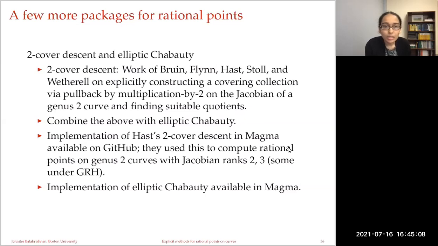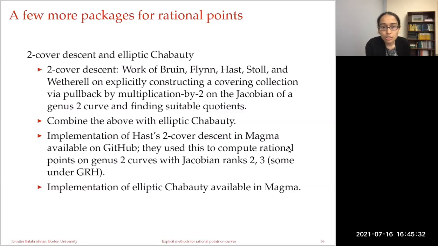And then typically one combines this with elliptic Chabauty, using the fact that you realize a certain genus 5 quotient or its Jacobian as the restriction of scalars of an elliptic curve from a quintic field down to Q. Daniel Hast has implemented this 2-cover descent in Magma and has made this available on GitHub.